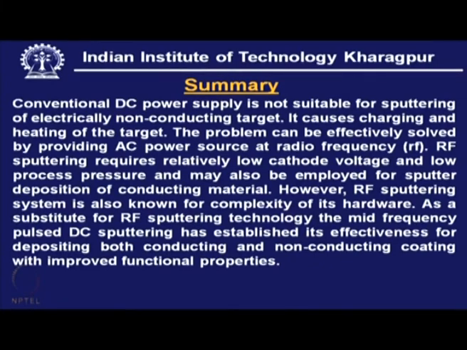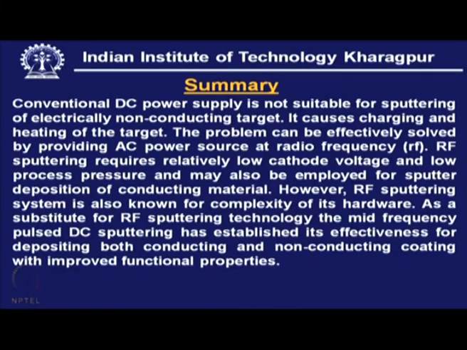This problem can be effectively solved by providing an AC power source at radio frequency, which is in the order of 13.56 megahertz. RF sputtering requires relatively low cathode voltage and low process pressure, which is definitely advantageous, and it may also be employed for sputter deposition of conducting materials.